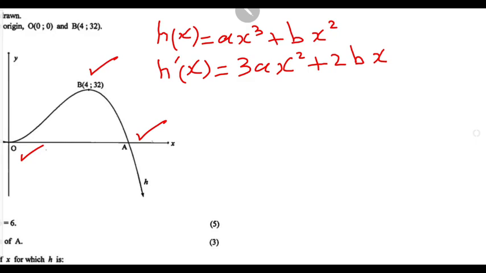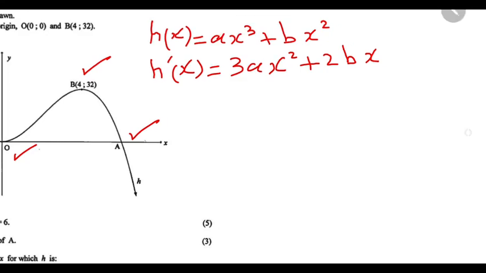Now use the turning point to create a system of equations. Remember, the first derivative is 0 at x equal to 4 because this is my turning point here.